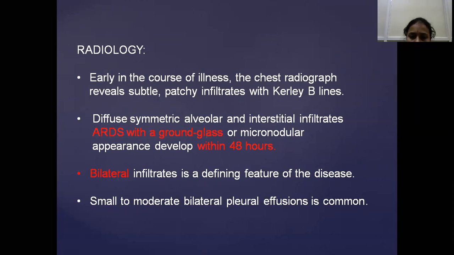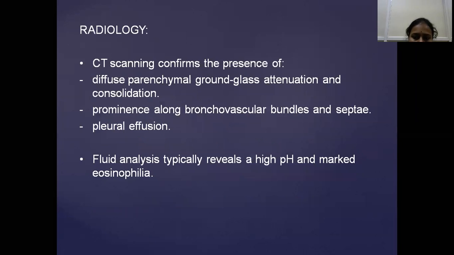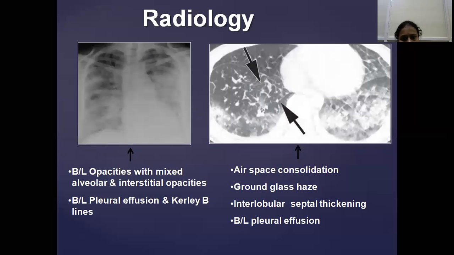Then we have to diagnose. The diagnostic feature is mainly the BAL eosinophil count, with bilateral infiltrates associated with small to moderate bilateral pleural effusions. CT confirms the radiological features.